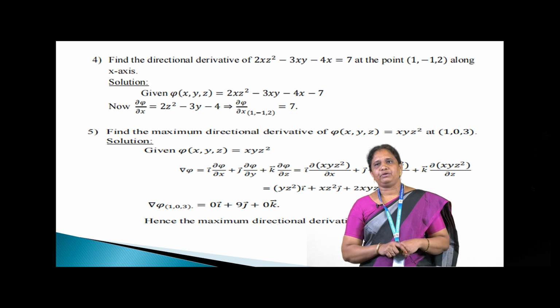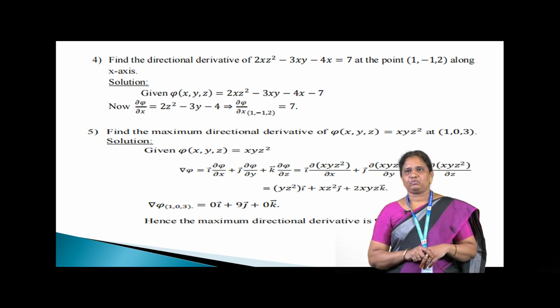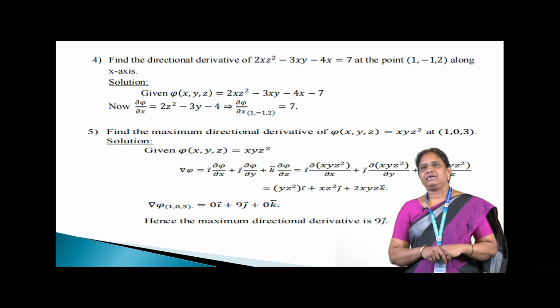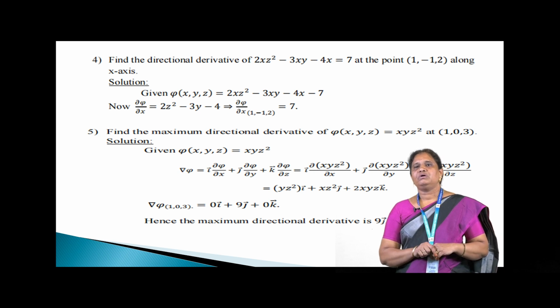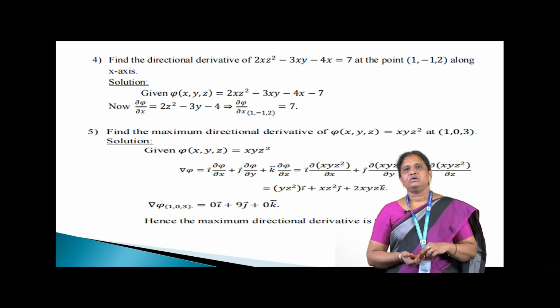So, dou phi by dou x, we get the answer 2z square minus 3 times y minus 4, and at the point 1 comma minus 1 comma 2 we get the value 7. Therefore, the directional derivative of the given phi at the point 1, minus 1, 2 along x axis is 7.